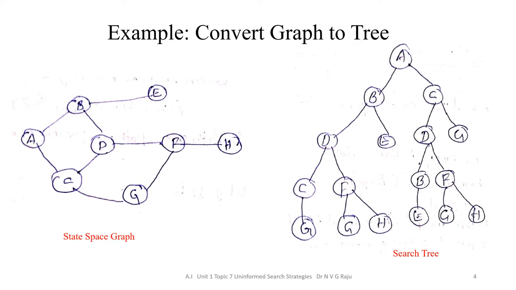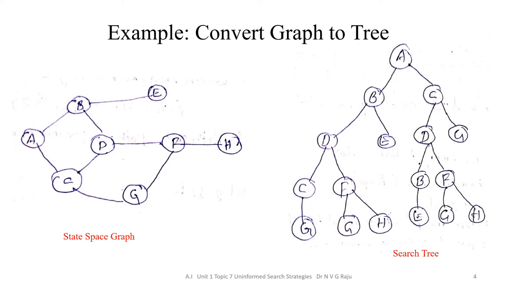We have to move from initial state to goal state, from state to state, by having actions. A is the root node and G, H, E are called leaf nodes.